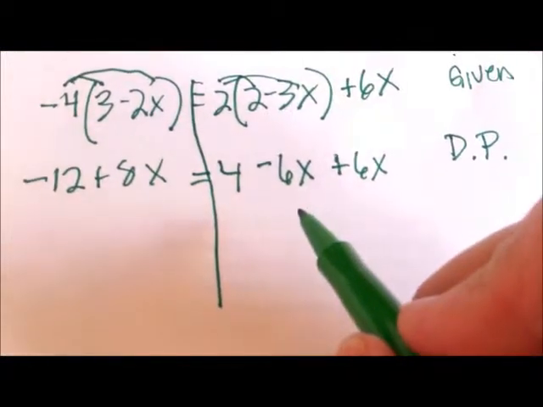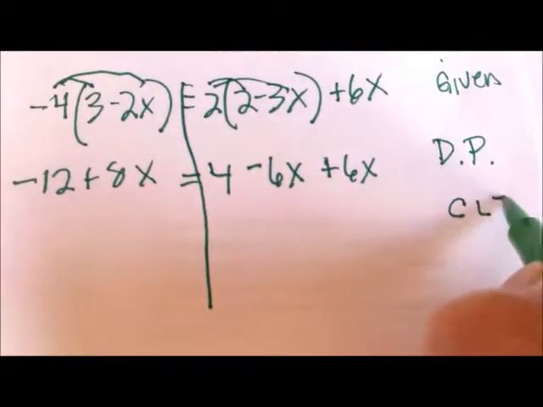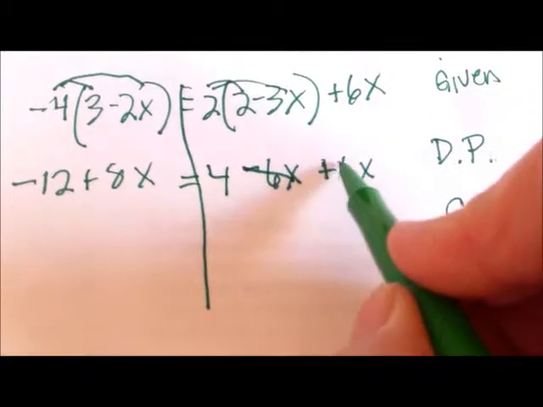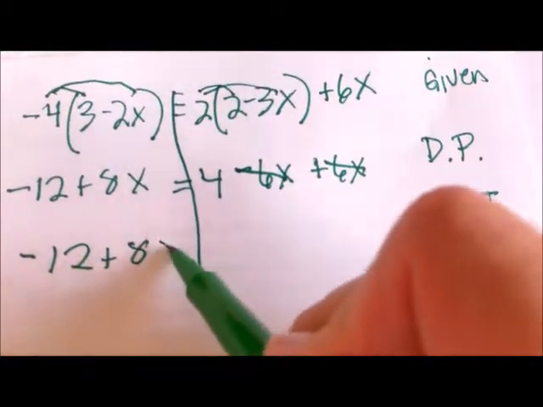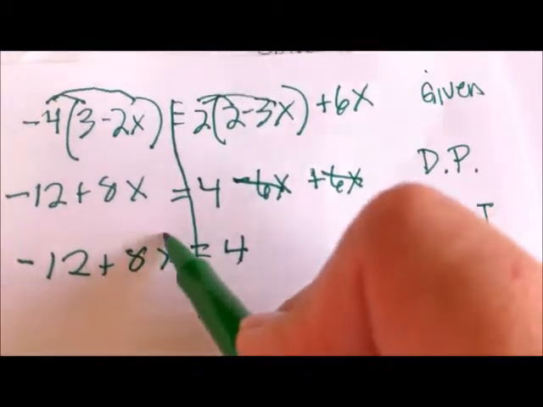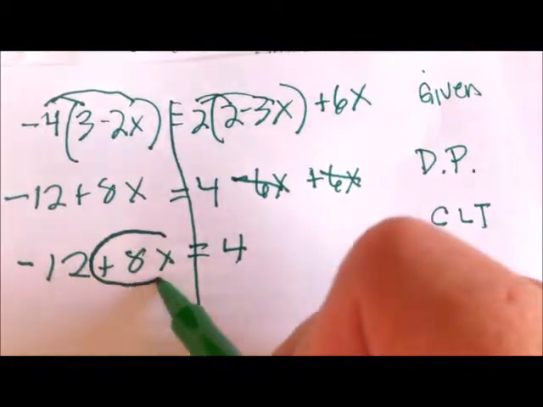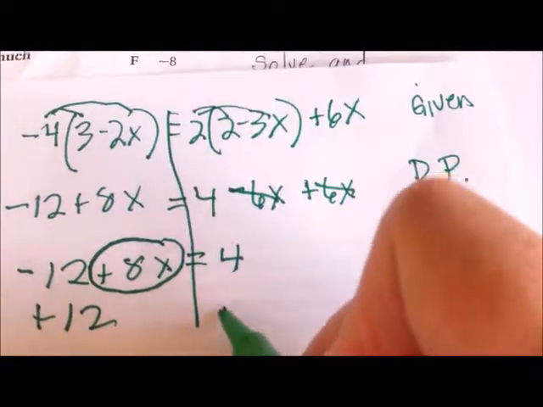I'm going to combine like terms. These cancel out, and I get negative 12 plus 8x equals 4. And I'm going to isolate the term that contains the variable by adding 12. And what allows me to do that is the addition property of equality.